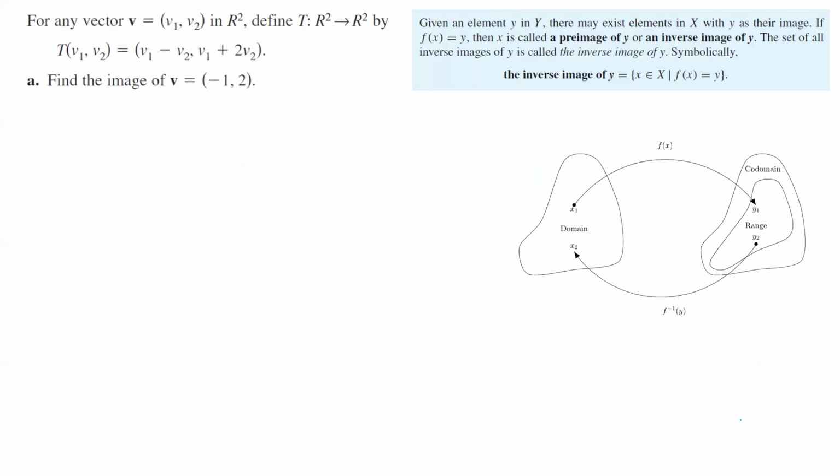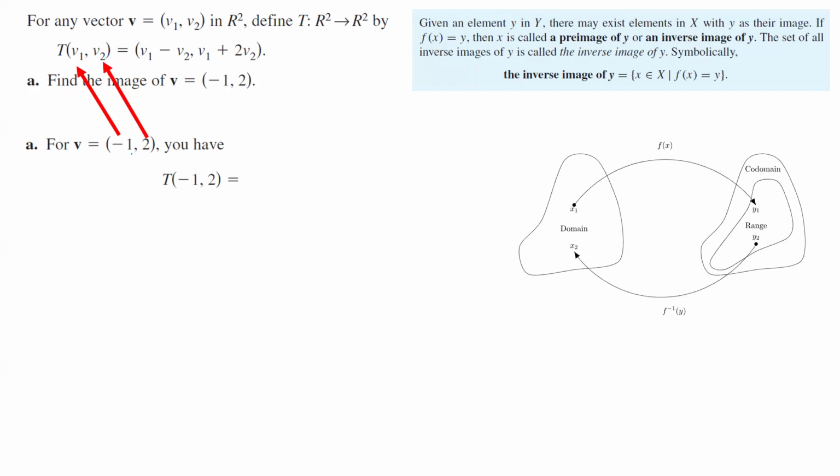So with these definitions, for any vector V, we have the following function. Function T maps v1 and v2 to v1 minus v2 and v1 plus 2v2. The question says, find the image of v. Let us begin. For v, which is -1 and 2, it means that v1, the first component, is -1, and the second component is 2.